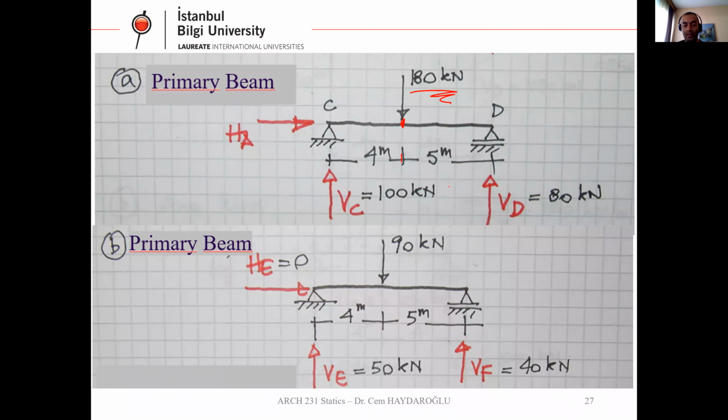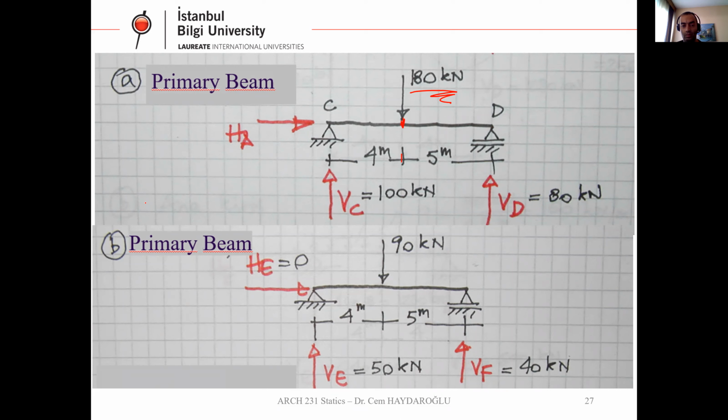And with the same method, the moment method, you can write total MC equals 0 and total MD equals 0. You can calculate VC and VD. I'm not going to do the same calculation here one more time. You can do it by yourself. If you have trouble, please let me know. VC is 100 kilonewton, VD is 80 kilonewton.